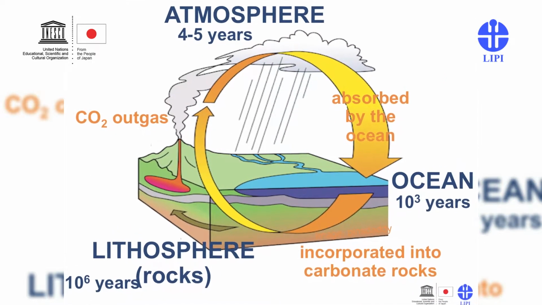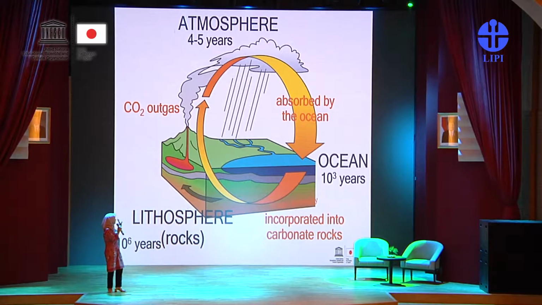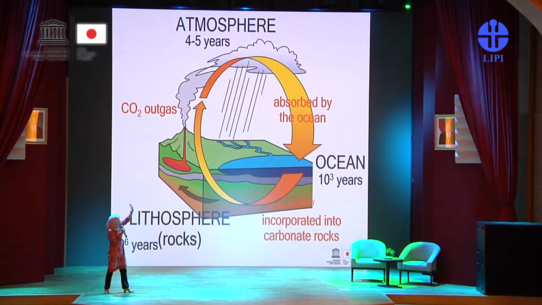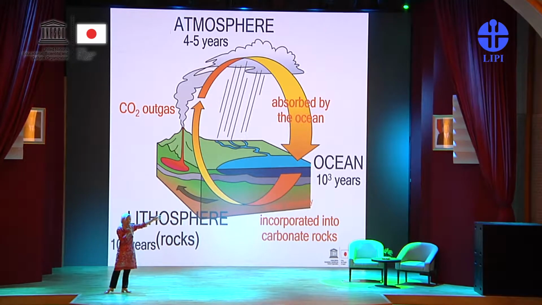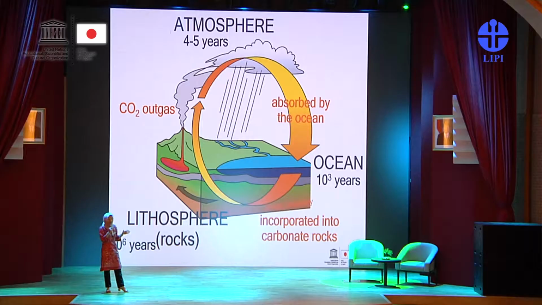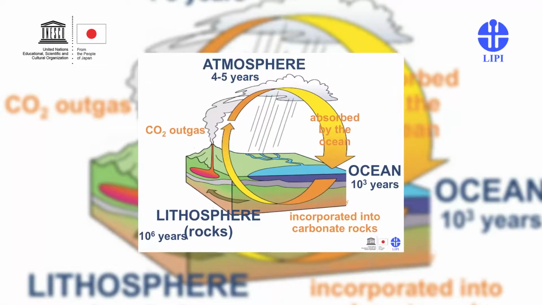Volcanoes spew a lot of CO2, and then it gets into the atmosphere. But eventually it will be absorbed by the oceans, and that takes 1,000 years of processes, and then it becomes rocks, or becomes lithified, and that takes a geological timescale, like millions of years. So here are the reservoirs. The carbon goes through the cycle, but the residence times are different. The atmosphere is very short, and then the ocean, and so on.